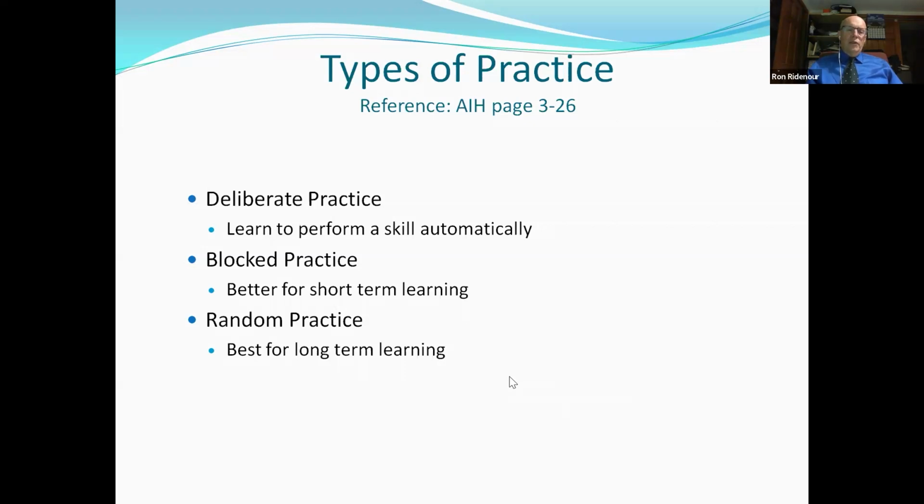There's blocked practice, and to be quite honest, that's one reason I don't like pattern tows, because it's more of a blocked practice. It's good for short-term learning, but it doesn't necessarily lead to long-term learning. They may be able to fly around the pattern today in these wind conditions.